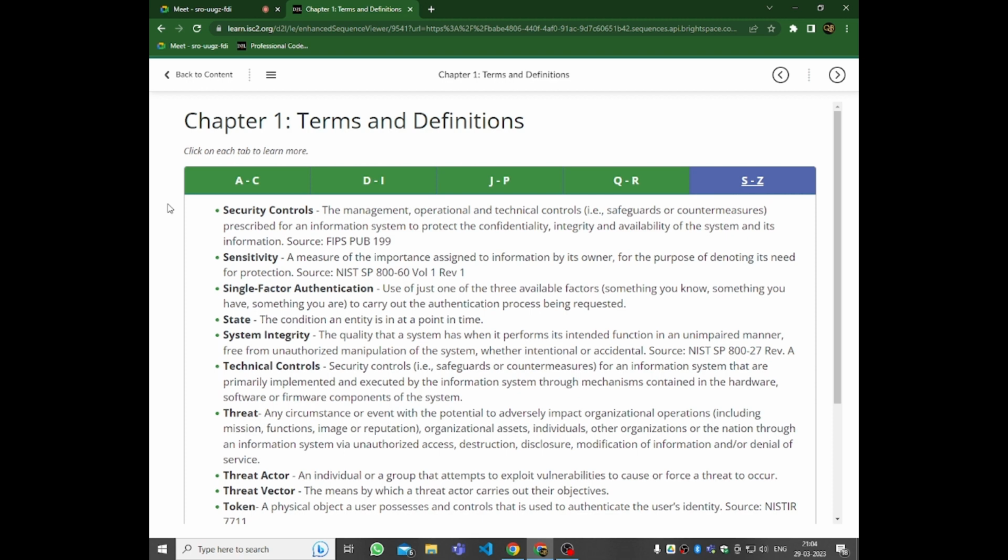Next is system integrity, the quality that a system has when it performs its intended function in an unimpaired manner, free from unauthorized manipulation of the system, whether intentional or accidental.